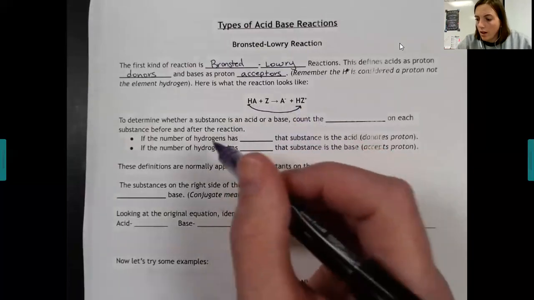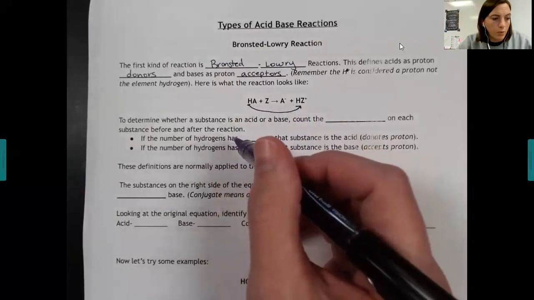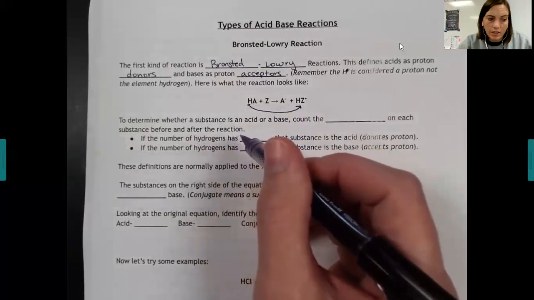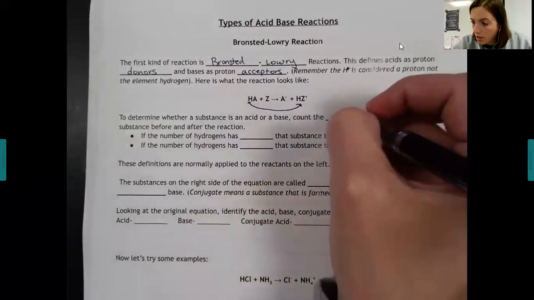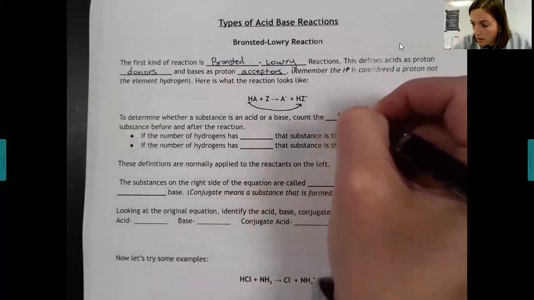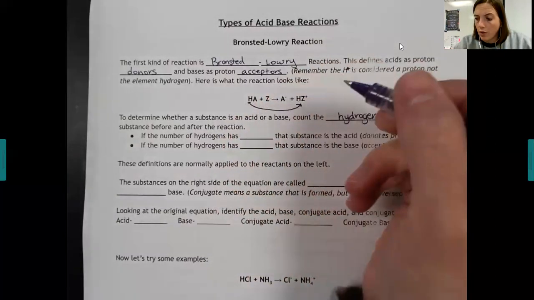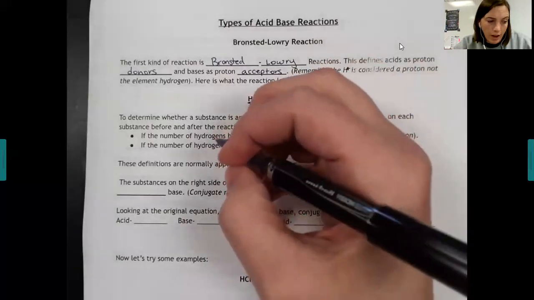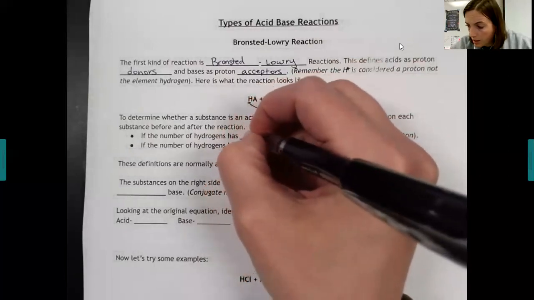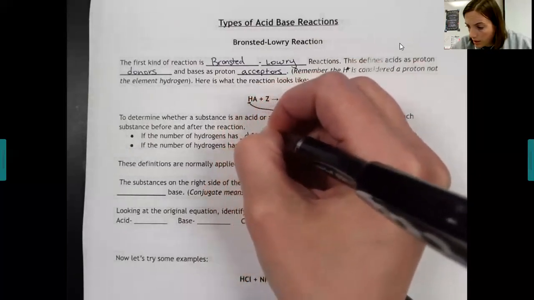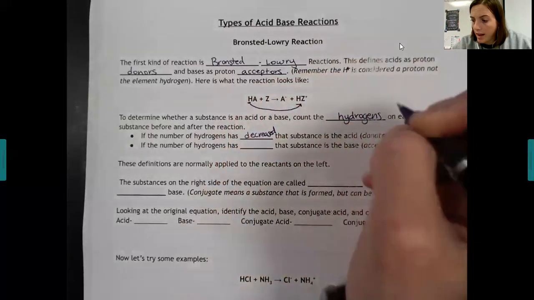To determine whether a substance is an acid or a base, you're going to count the hydrogens on each substance before and after the reaction. If the number of hydrogens has decreased, that substance is the acid.